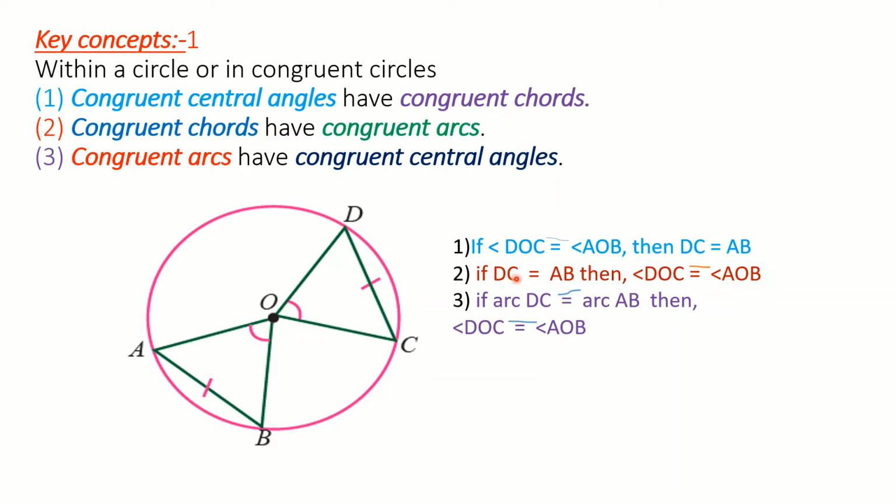If DC is congruent to AB, then the central angles are congruent to each other. Conversely, if arc DC is congruent to arc AB, this arc is congruent to this arc, then the central angles are congruent, which means angle AOB is congruent to angle DOC.